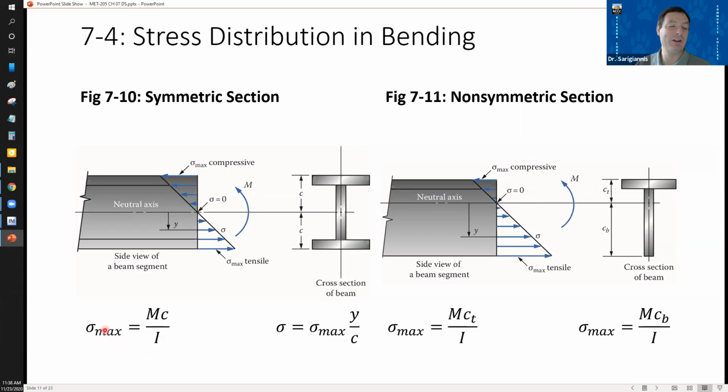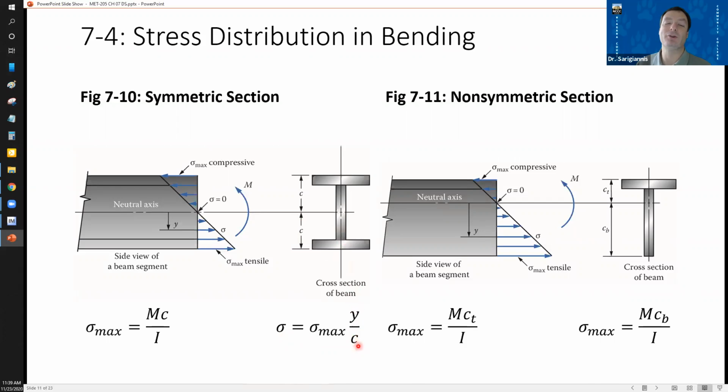What are we showing down here? We're showing the equations. Here's sigma max. Stress inside of a beam, right, with distance is going to be sigma max. So first you calculate the maximum stress. Then you take the maximum stress and you multiply it by the distance you are away from the centroid. So if C was 2 inches, halfway would be half the stress.